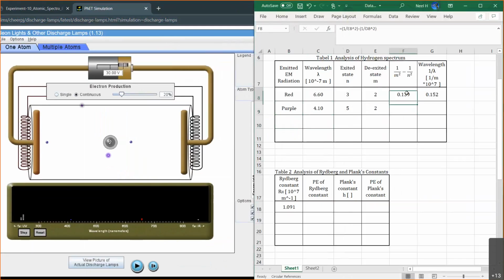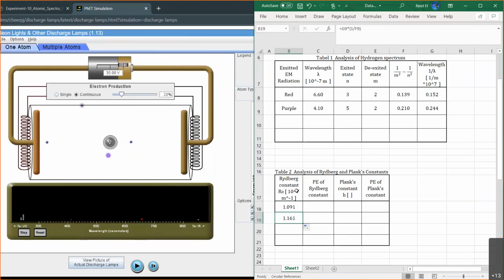For violet, you can click and drag these two, because we already use the cell values. And this also for the next one, you can click and drag. Okay, 1.161. I'm expecting 1.097. So that's fine. I think it's still not bad.